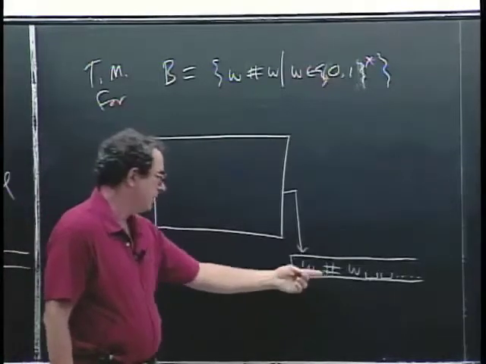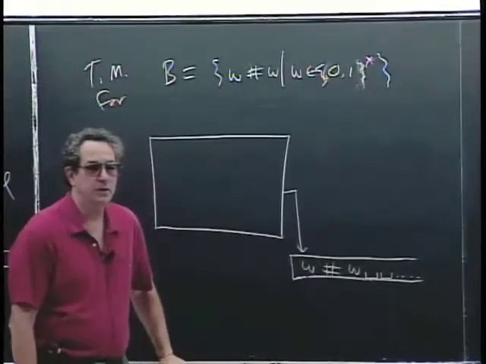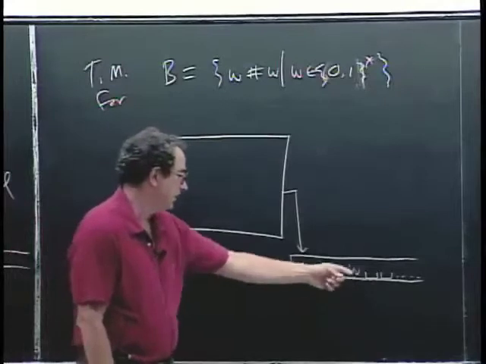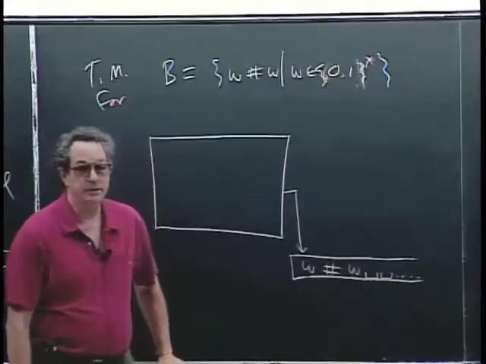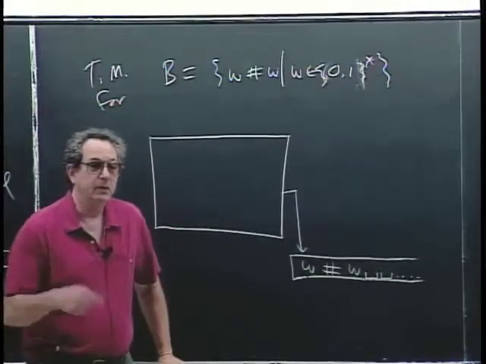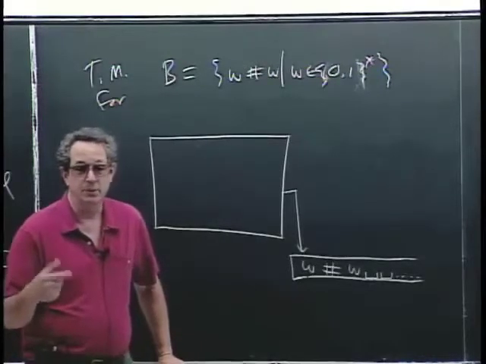So these are the kinds of decisions that the Turing machine can make at every step. So anybody have any general idea of how a Turing machine should go about checking whether this string is in this language? See, now we're a lot closer to thinking like an algorithm or a program.